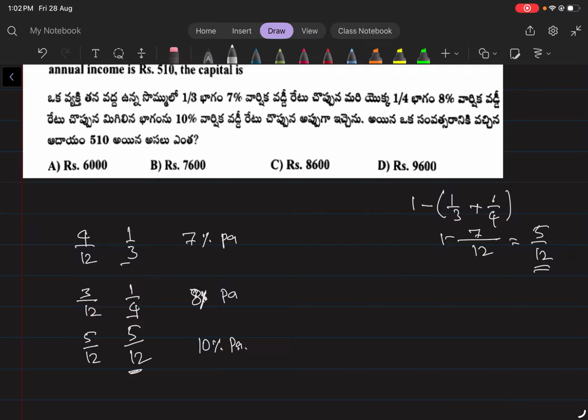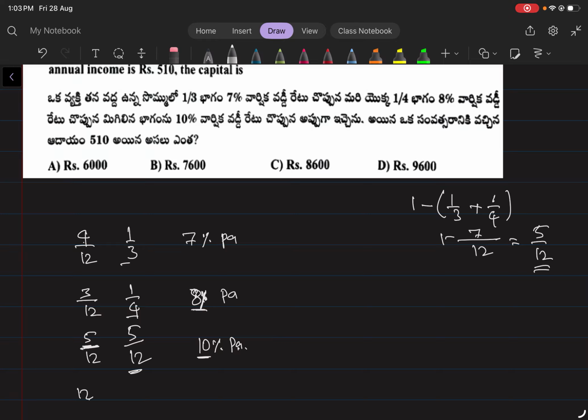So now denominators are equal. So total parts are 12 parts. In that 12 parts, 4 parts at 7%, 3 parts at 8%, and 5 parts at 10% he has given.